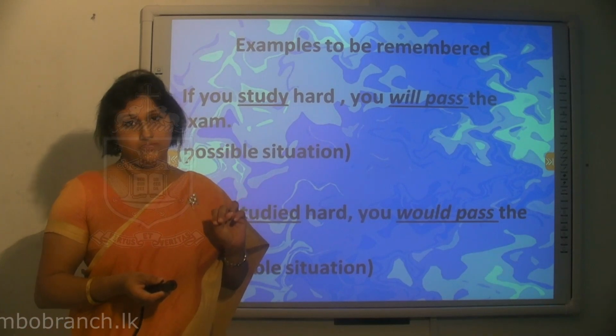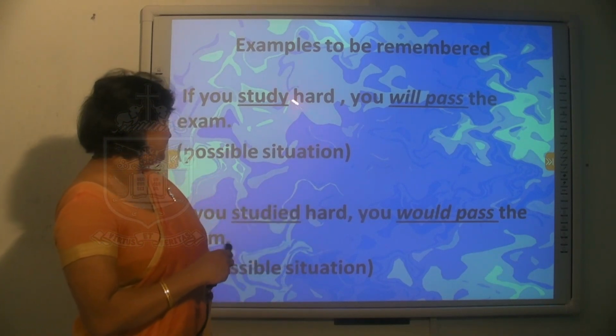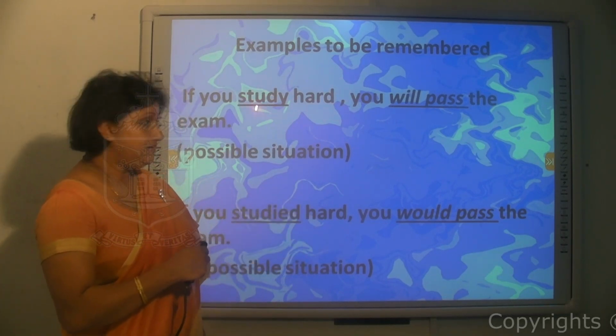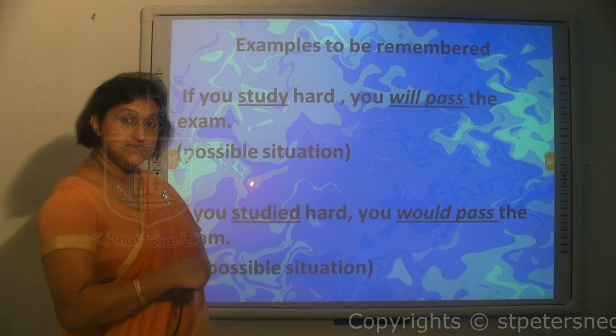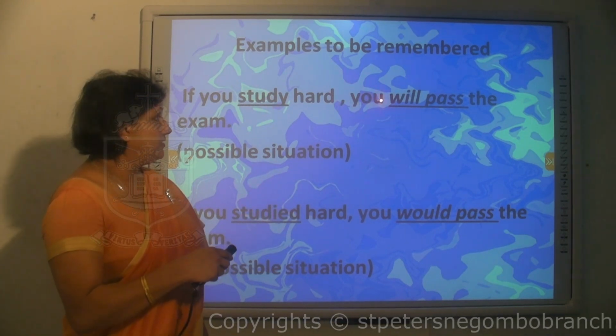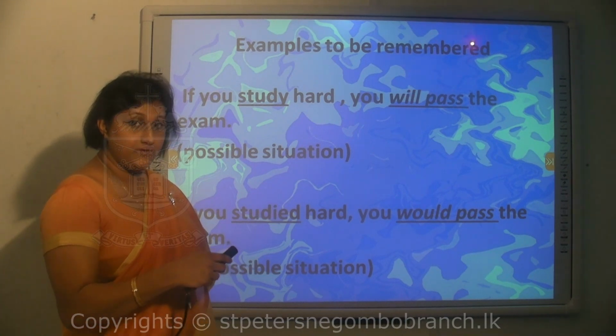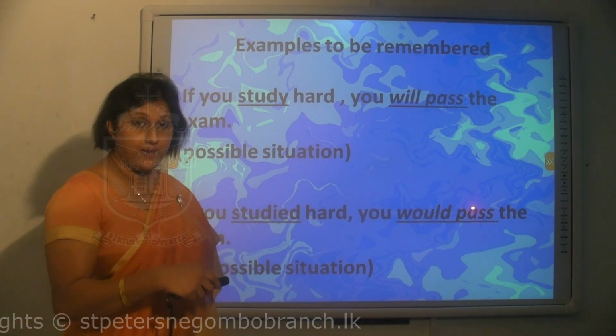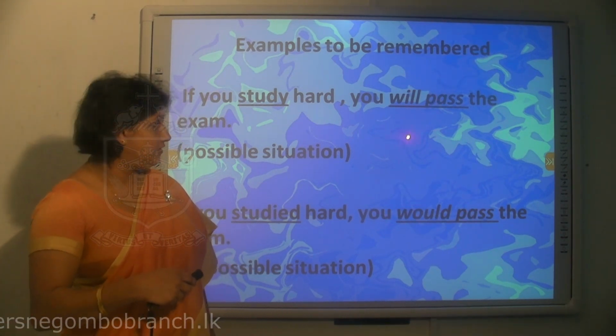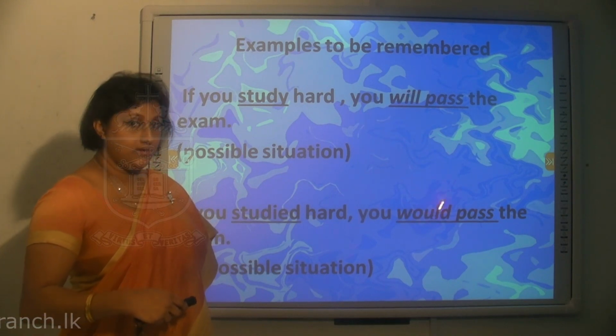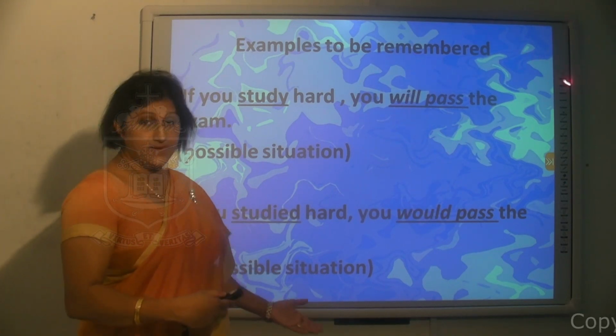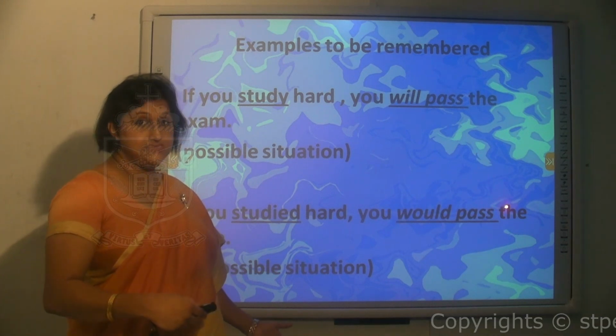Conditional type 2: simple past tense, studied. Simple future, will pass, and would pass, the past form of will. For an example, if I say you may pass the exam, then you might pass the exam.